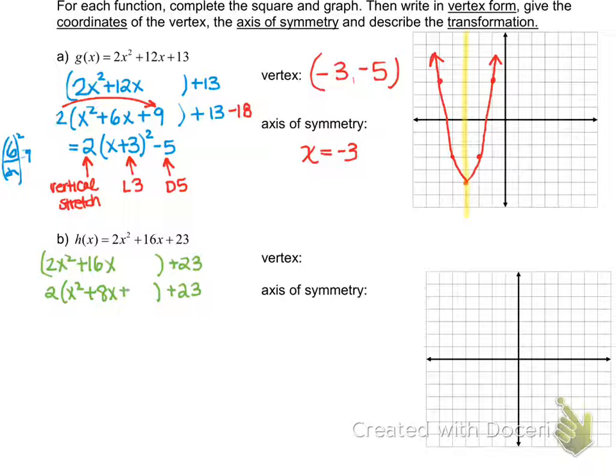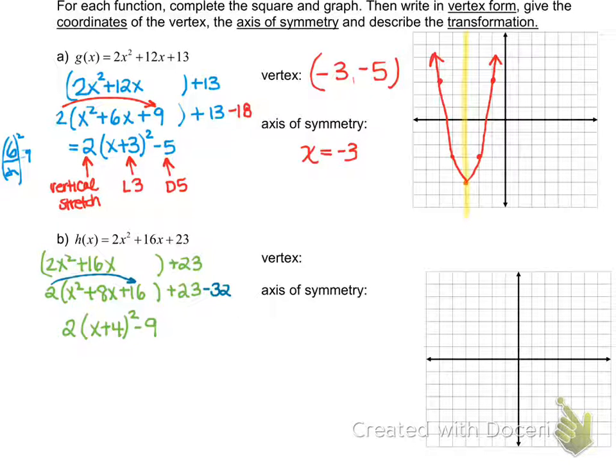Square that, you get 16. But I didn't really add 16. I really added in 32, which means I need to subtract 32. So my final answer is 2 times (x plus 4) squared, minus 9.